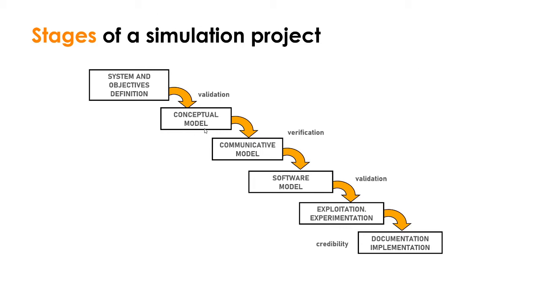Second, you need to build a conceptual model, which is the way to refer to the set of assumptions regarding how your system will be modeled. So, for example, you might imagine again in a railway system where you're evaluating how vehicles should move.